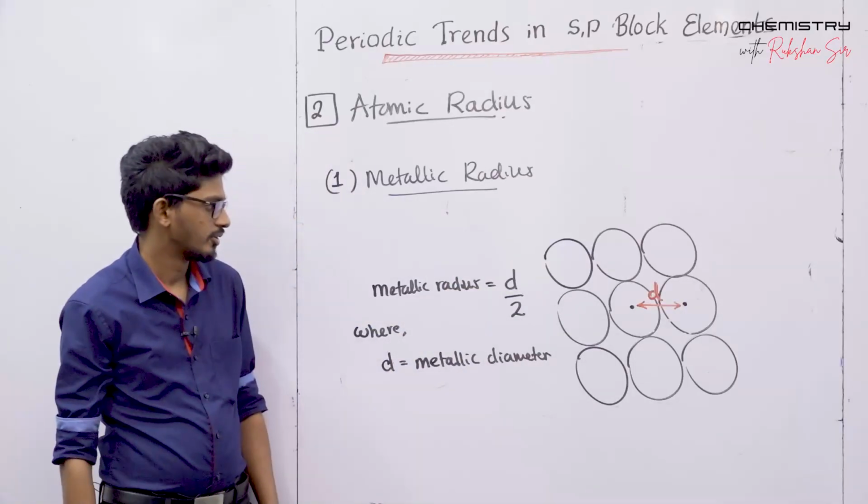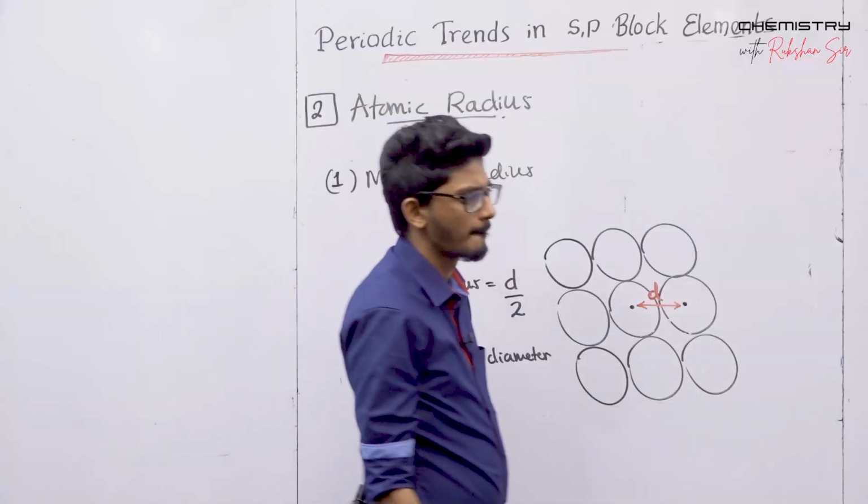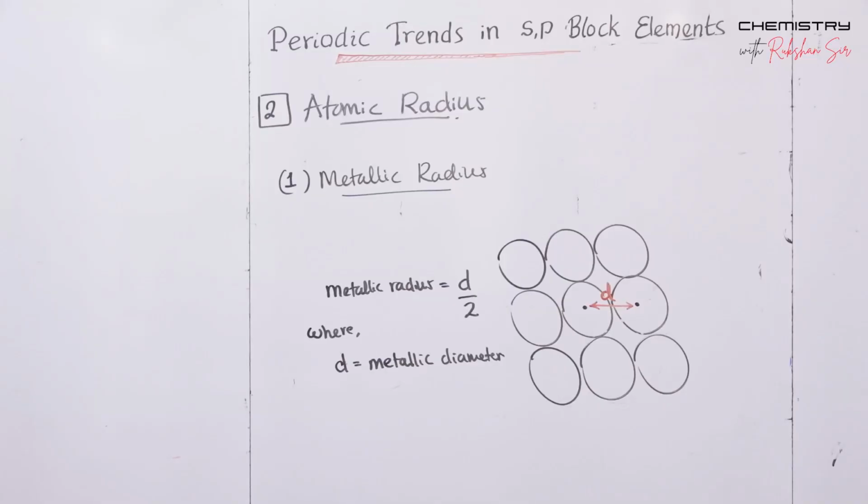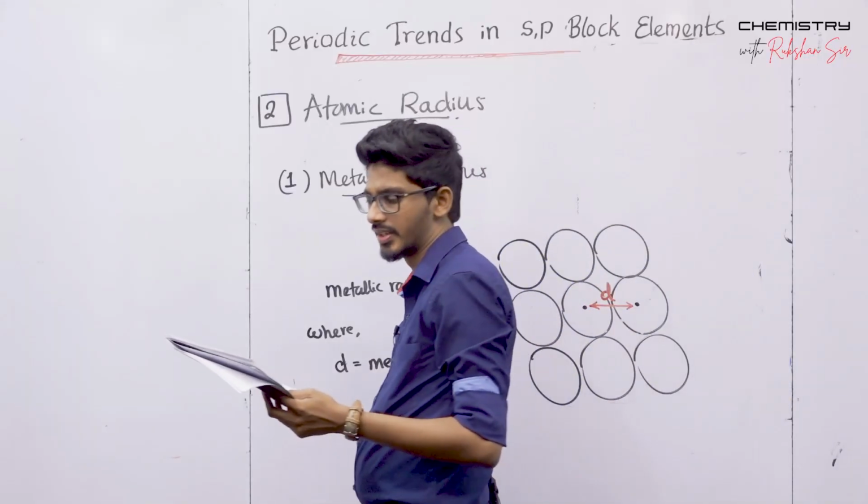Just draw this and write this down. This is the metallic radius.